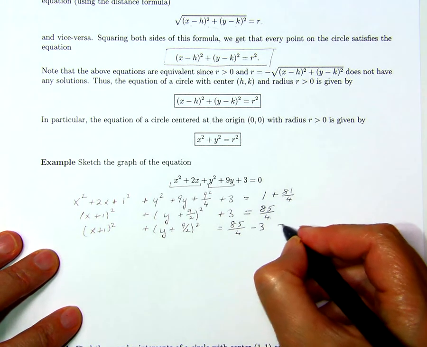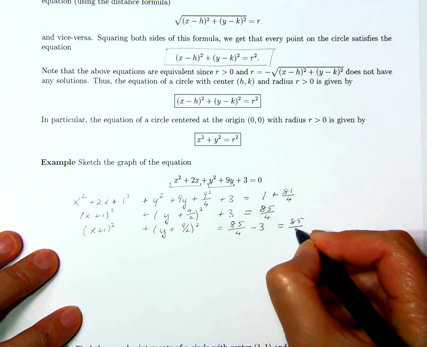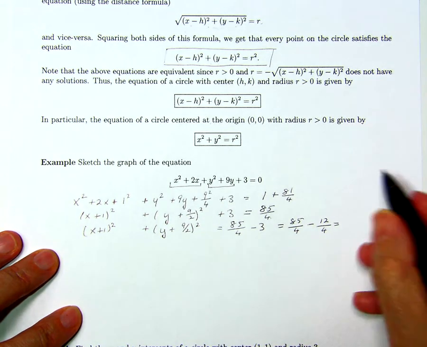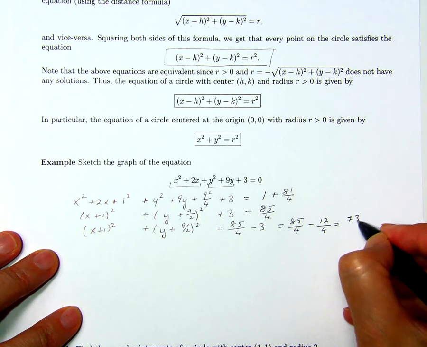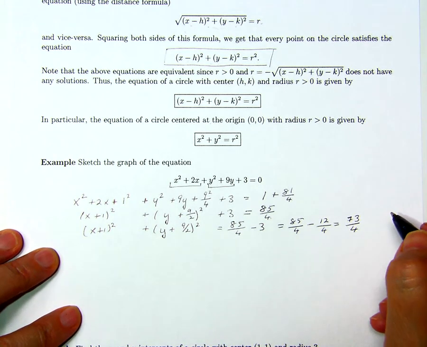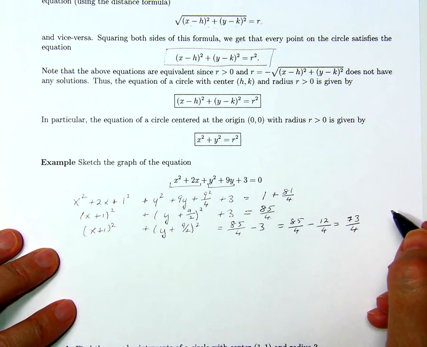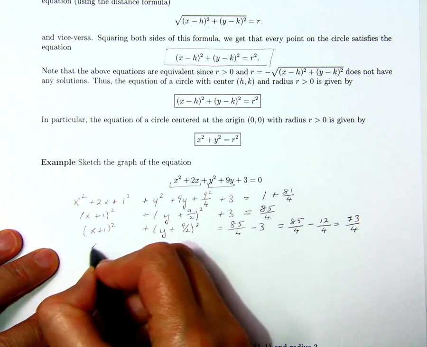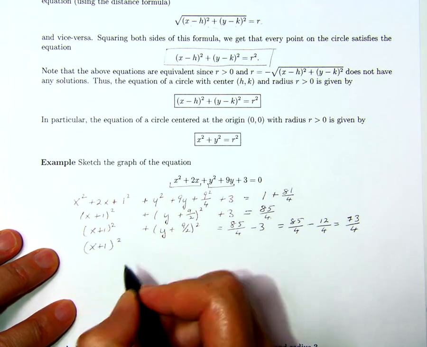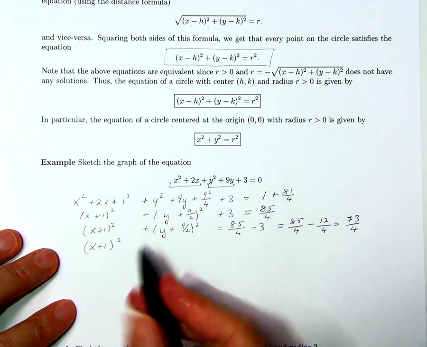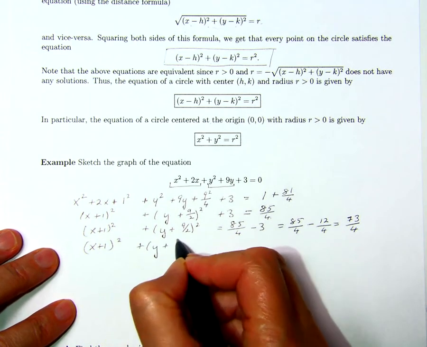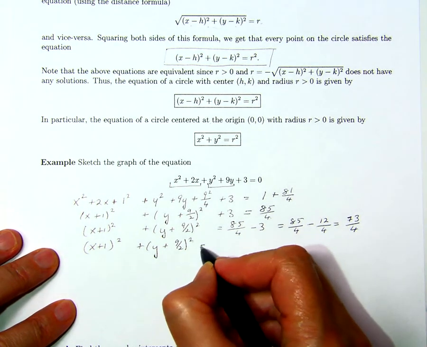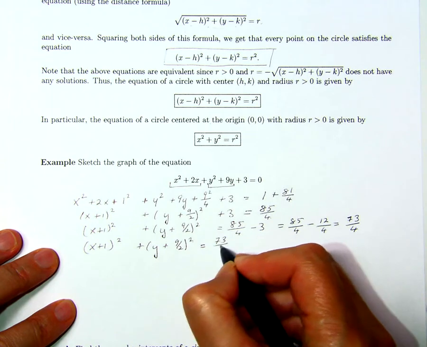That's equal to 85 over 4 minus 12 over 4, which is 73 over 4.